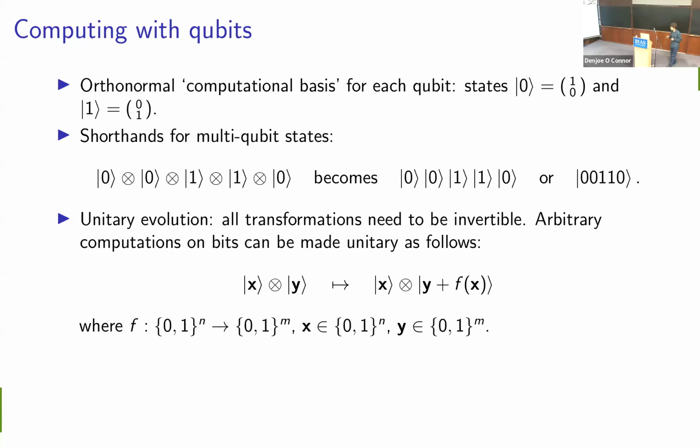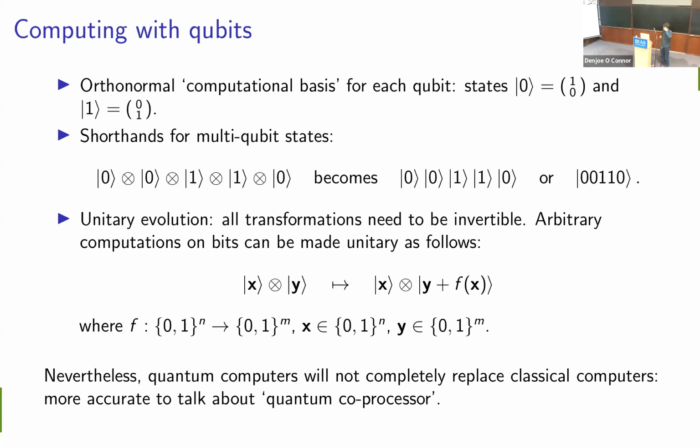Cool. Okay, so let's move on. As I've just explained, we can do any classical computation on a quantum computer, but in practice, we shouldn't and we wouldn't want to. I'm going to talk a little bit more about this on the future slides. One point is that our quantum computer is always going to work together with a classical computer that drives it, that sends it the instructions and so on.